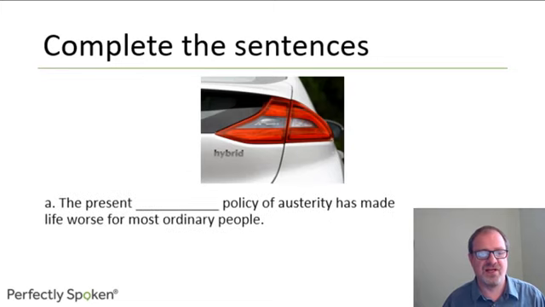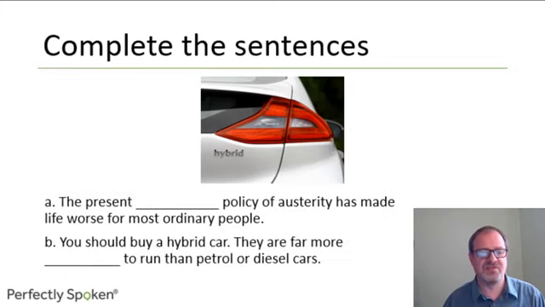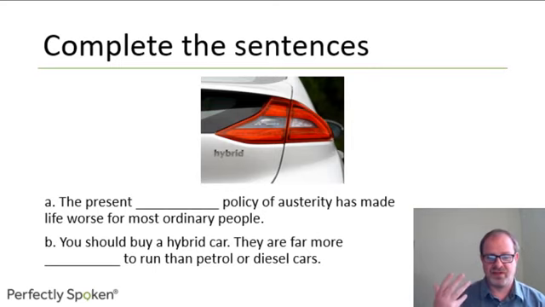So you've got a hybrid car in the picture. So A, the present something policy of austerity has made life worse for most ordinary people. And the second, you should buy a hybrid car. They are far more something to run than petrol or diesel cars. So the first one is related to the economy.